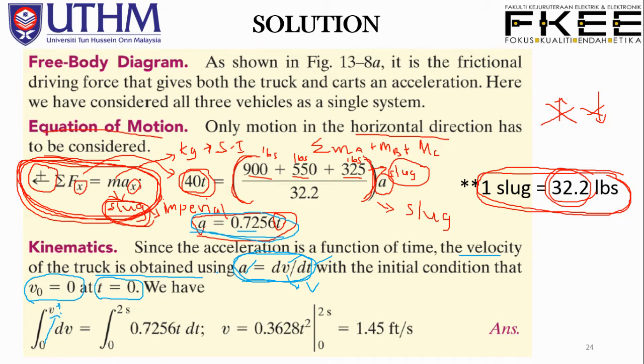From this, a = dv/dt. Rearranging, we have a dt = dv, so dv = a dt.